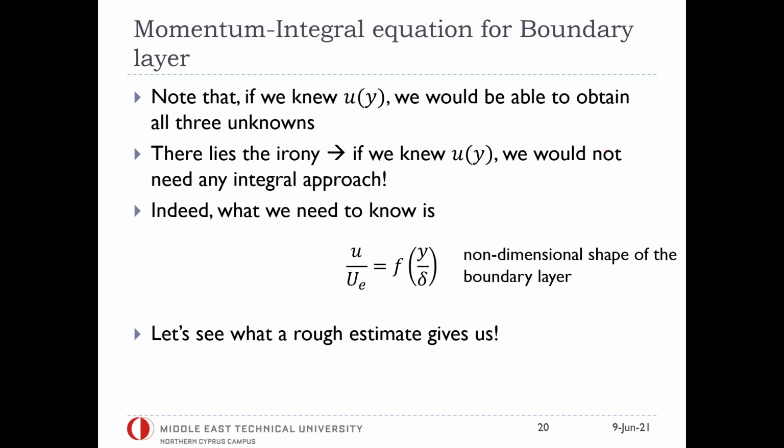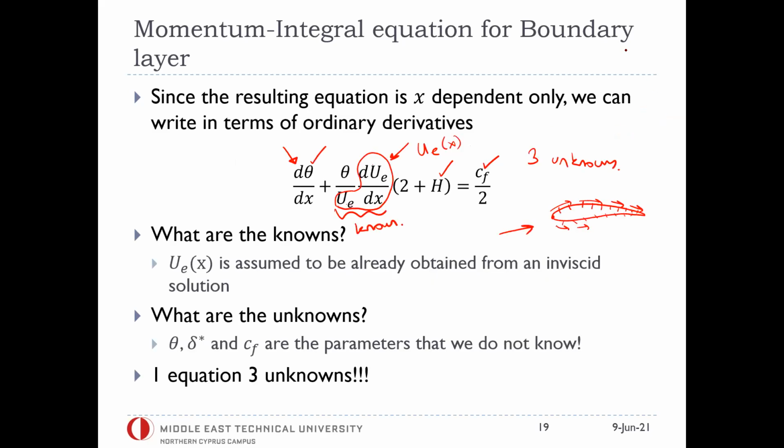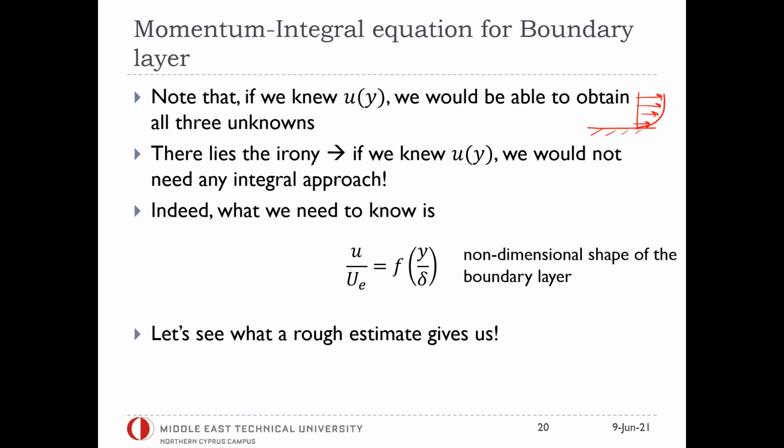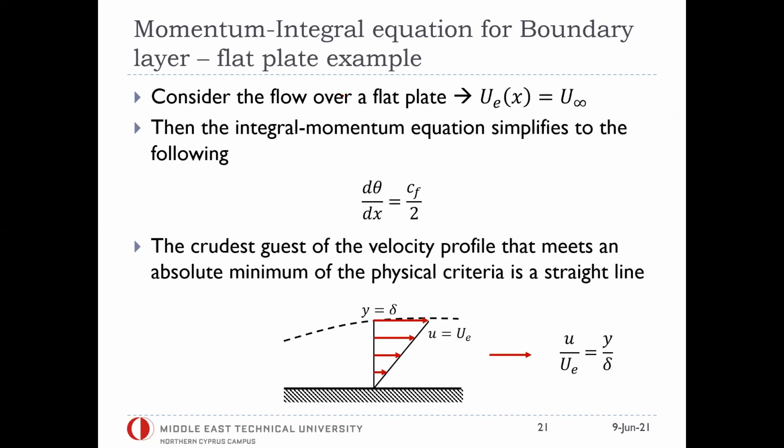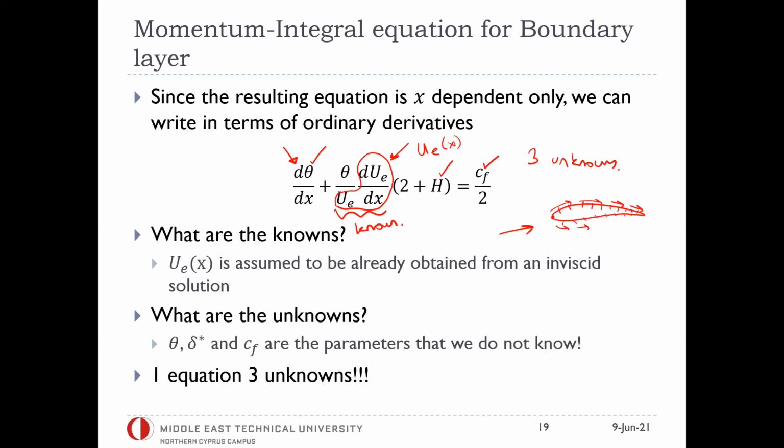We do not know that function. If this is some kind of solid surface, we would like to know this function. Normally we want to solve for it, but it does not appear in our equation. If we somehow knew this function, we could obtain a solution, because knowing the U profile means I can have values for theta and delta star, and having CF.